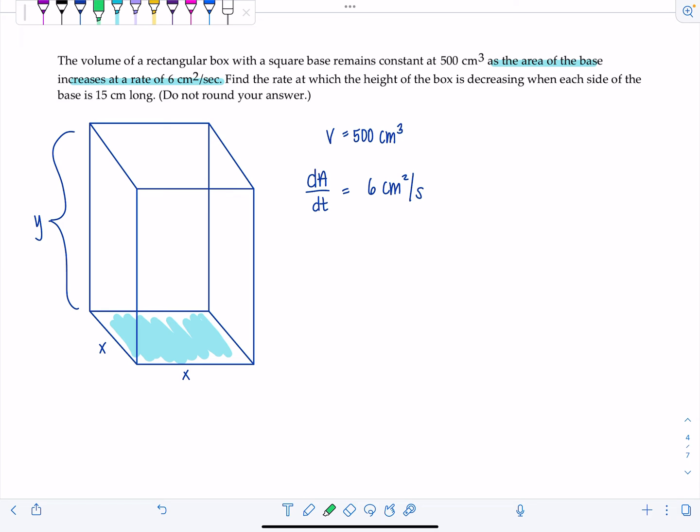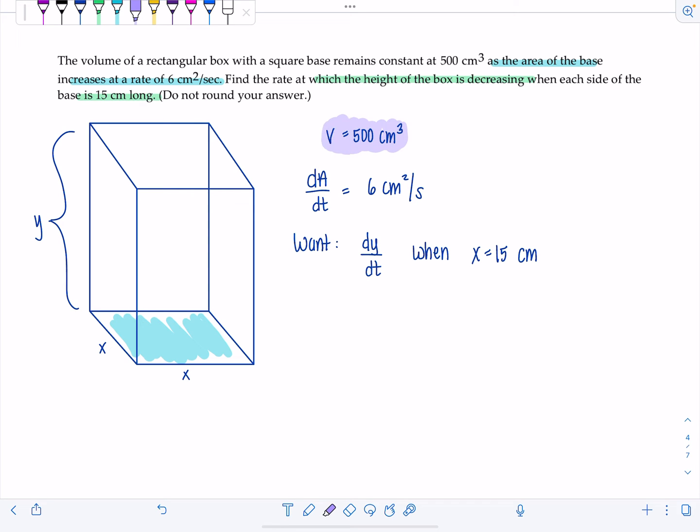Find the rate at which the height is decreasing when each side of the base is 15 centimeters long. So what they want is basically dy/dt when x is 15 centimeters, okay? And the height decreases as the base increases because the volume remains constant.